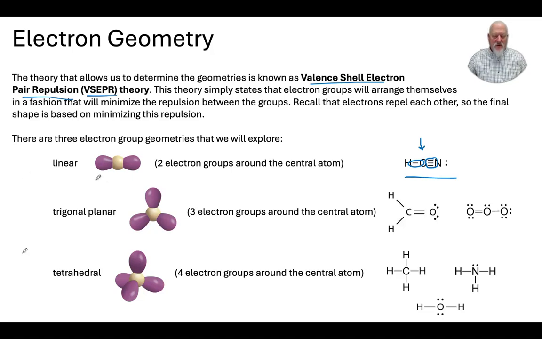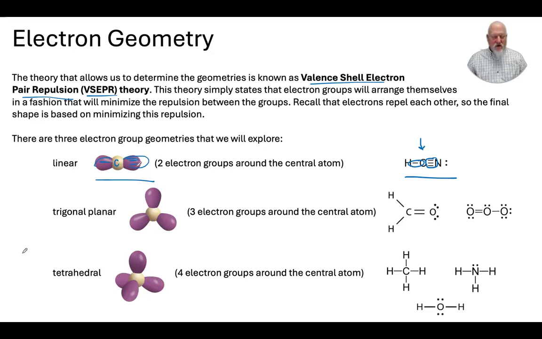If you look at our depiction here, the central atom is the carbon, and these are the two electron groups: the triple bond on the right and the single bond on the left. If I move that single bond up a little bit, more towards the triple bond, it's just going to get pushed back down straight across from the triple bond.